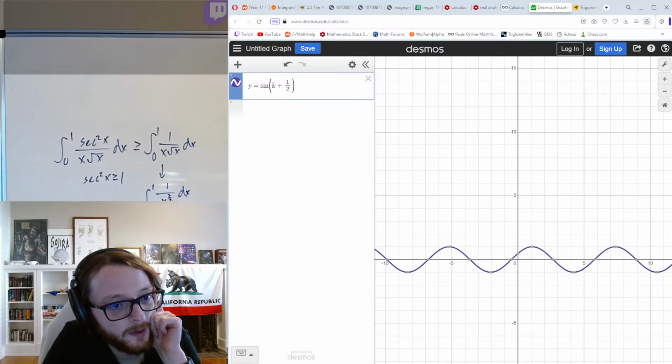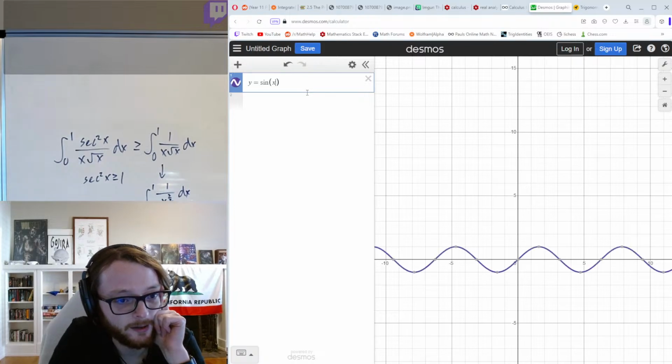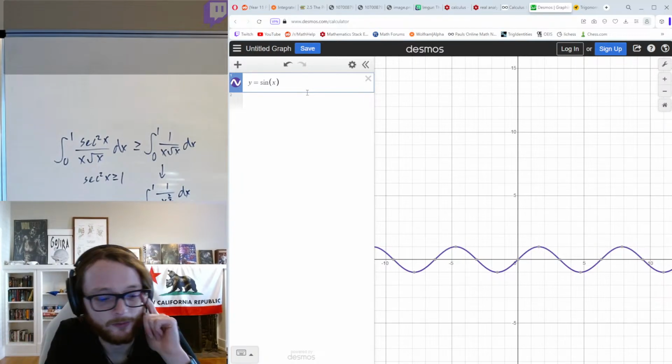Yeah, so in this example here, sine normally is 0 at x equals pi. But if you're adding 1/2 and shifting everything, then I guess your first positive 0 is going to happen.